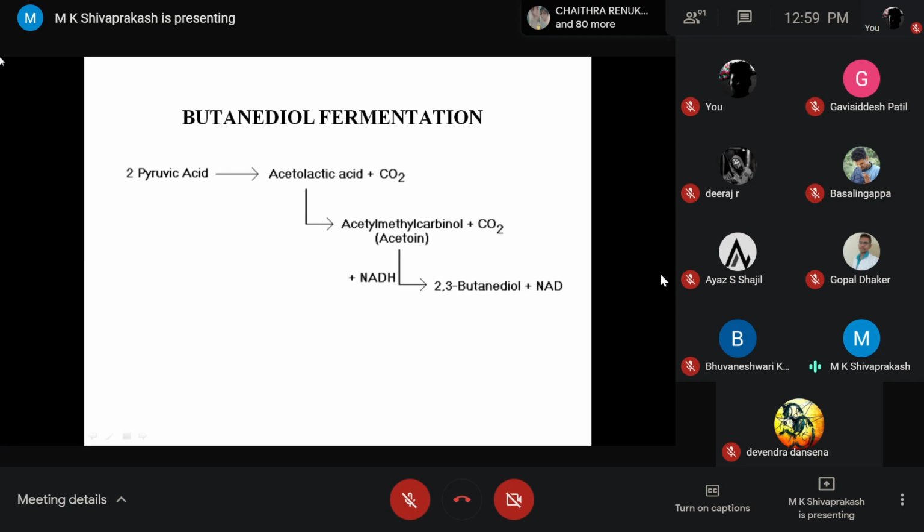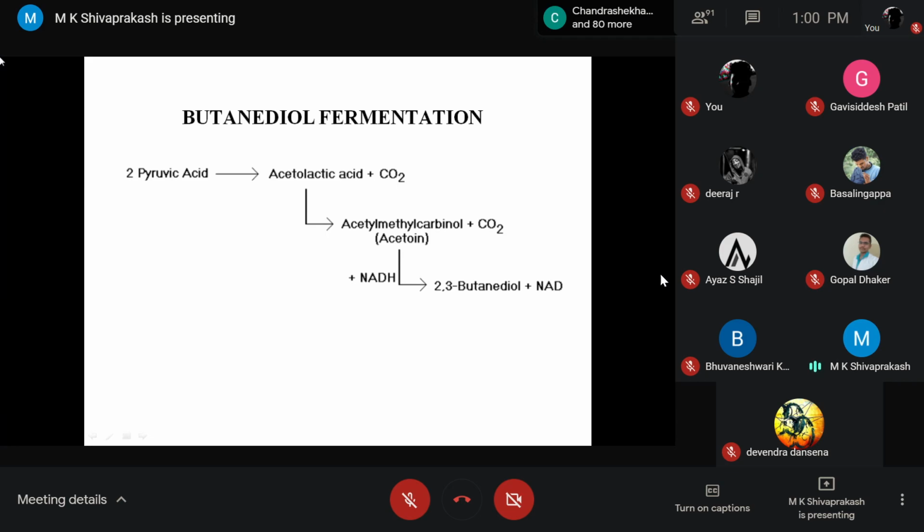So then the butanediol fermentation, which is seen in Enterobacter aerogenes. Here what happens is the pyruvic acid is converted initially to acetolactic acid and carbon dioxide. This acetolactic acid is converted to AMC, acetomethylcarbinol, which is also called acetoin.